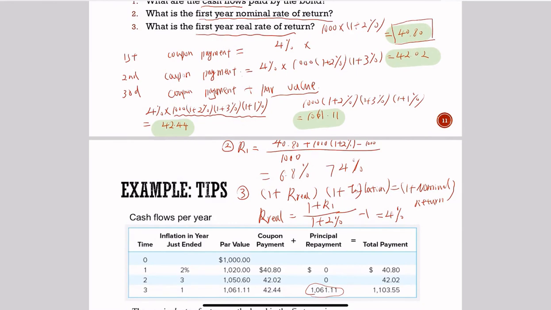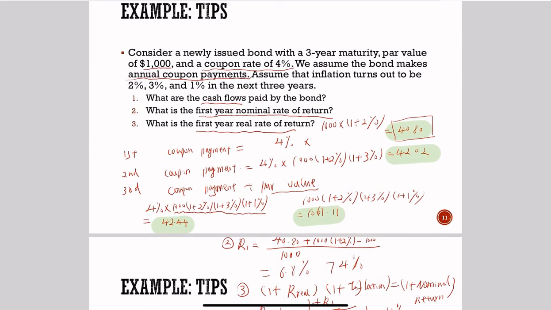It's still 4%. So that's why this is an inflation protected bond. No matter what the inflation was, in the end your real rate of return is always 4%.